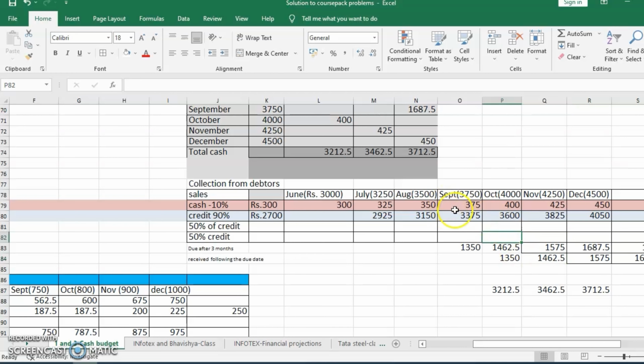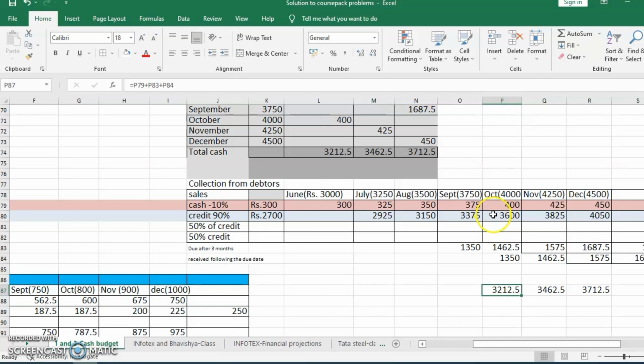If you just have a look at it, cash is around 400, and what you have received is, if you look at this, 1,462.5 plus 1,350, this will be equal to 3,212.50. Yeah.